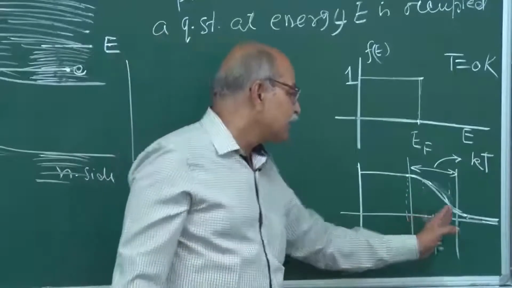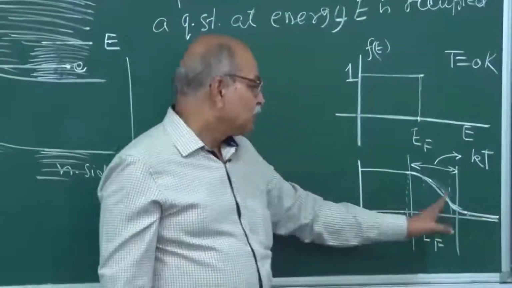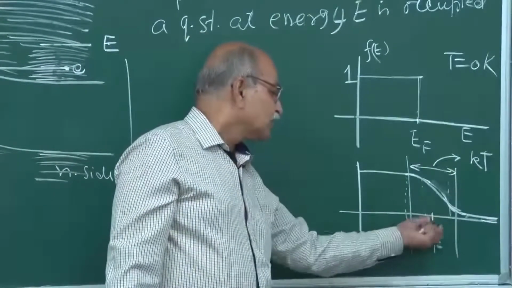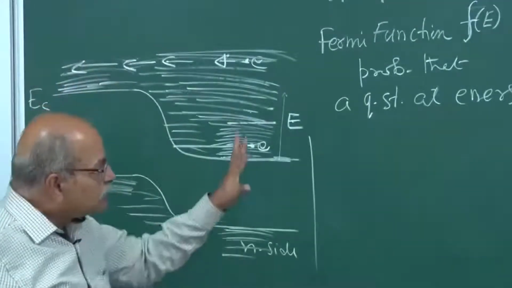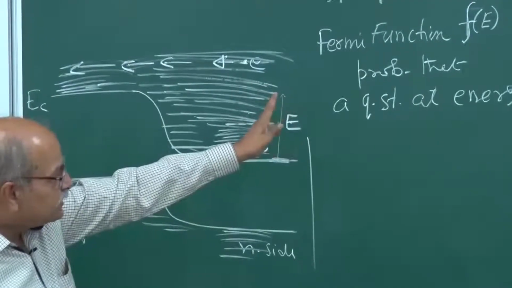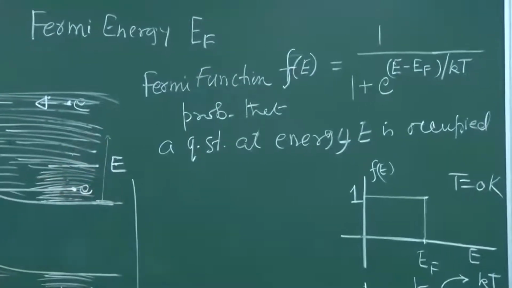If you are 100 kT on the other side, the probability is 0. But if you are 2-3 kT on this side or that side, then you can have intermediate probability. Now let us use this function to get probabilities in intrinsic semiconductor, p-type semiconductor, and n-type semiconductor.